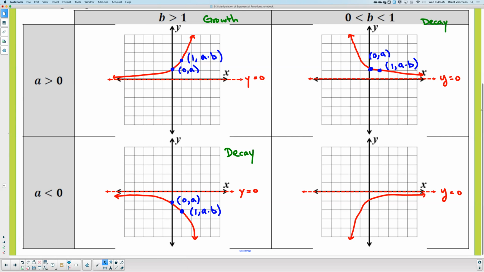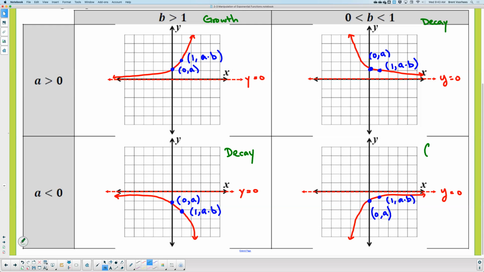And so the points, and this time we're gonna get it right. All 4 points. Here we go. This would be 0 comma A. Whoops. 0 comma A. You're gonna have the point 1 comma A dot B. And you'll have the horizontal asymptote y equals 0.